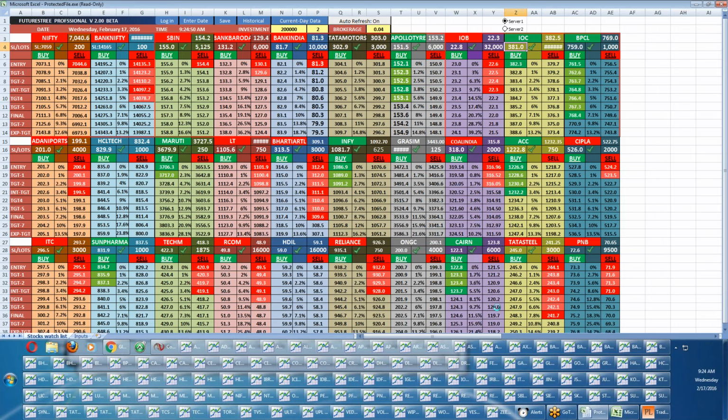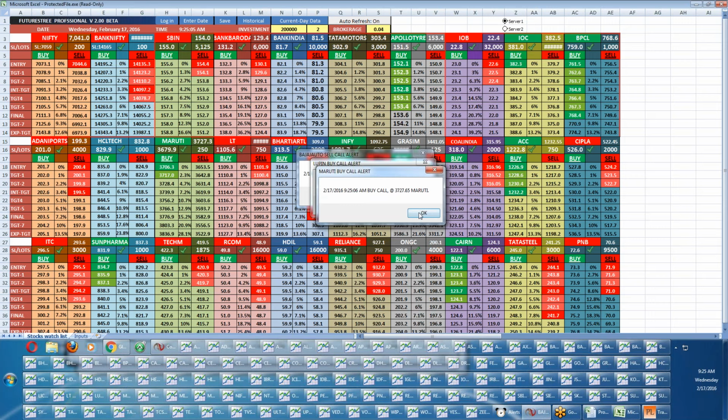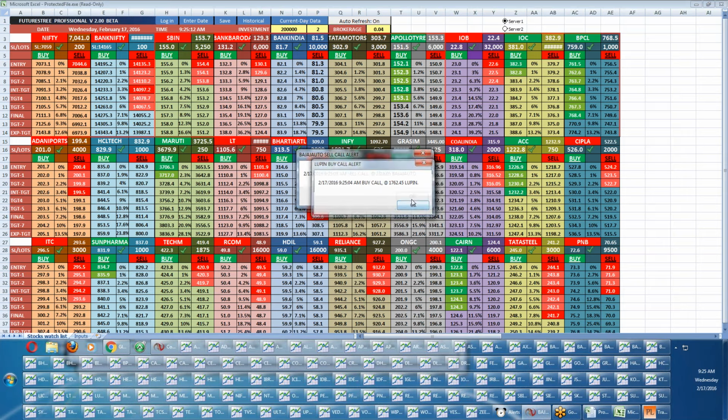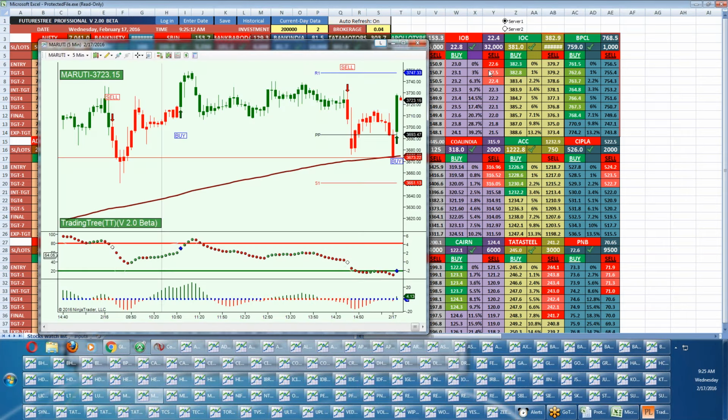We had a sell. That was a gap down open. Now it is a buy call. Lupin, we have buy. Maruti, we have buy. Bajaj Auto, sell. So that's Maruti.